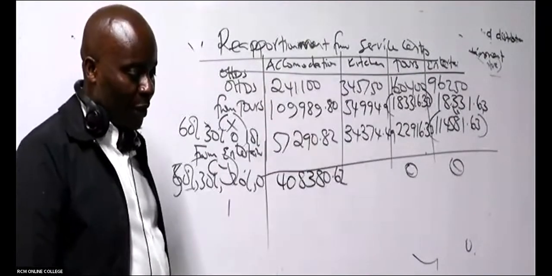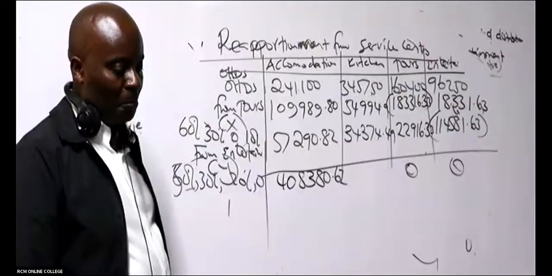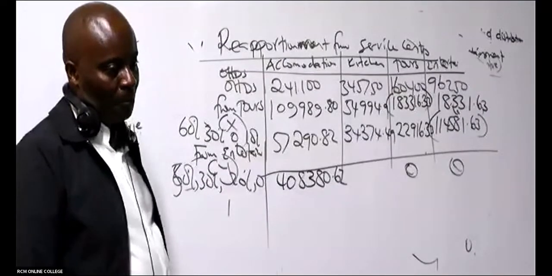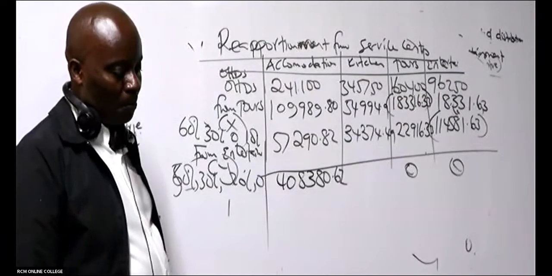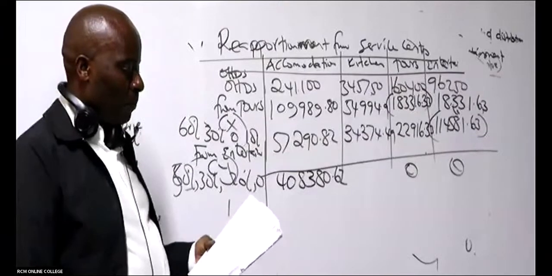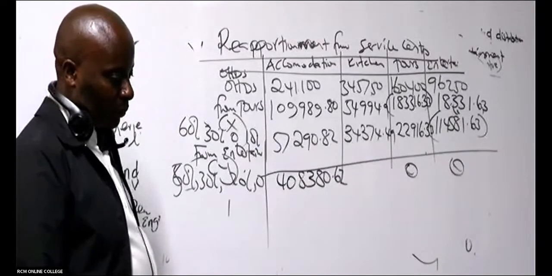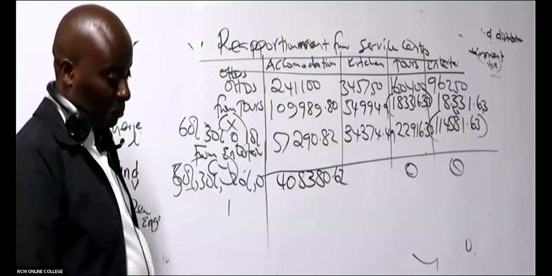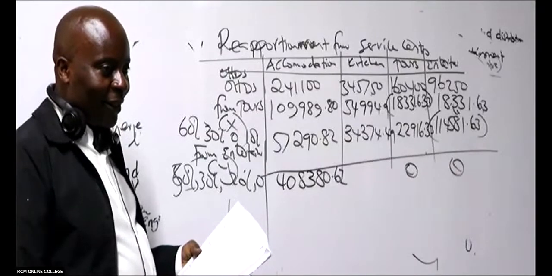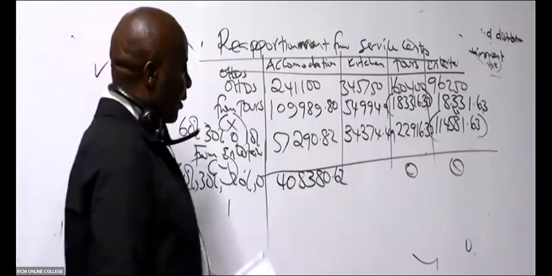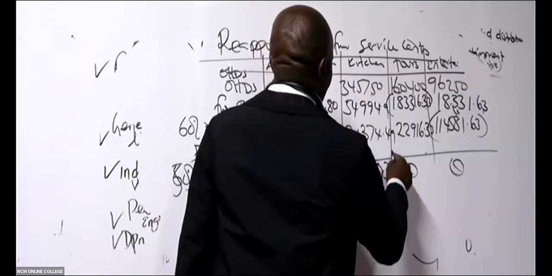If you add everything for kitchen. So for the kitchen, how much do we have there? 435,119.39. Thank you so much.